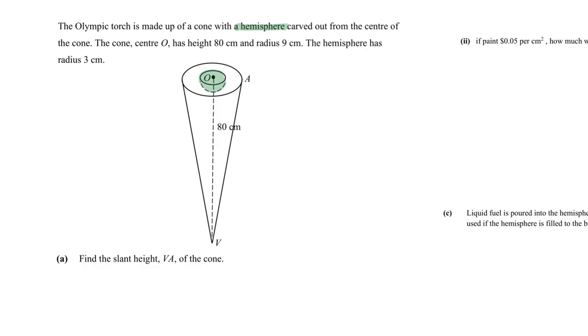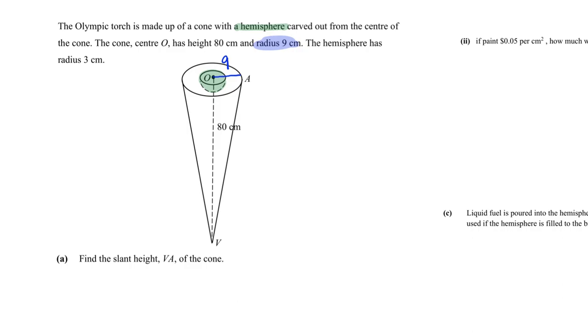Okay, so let's see. The cone has a radius of 9 cm. Oh, that is an important piece of information that is given, which means that this will be 9.